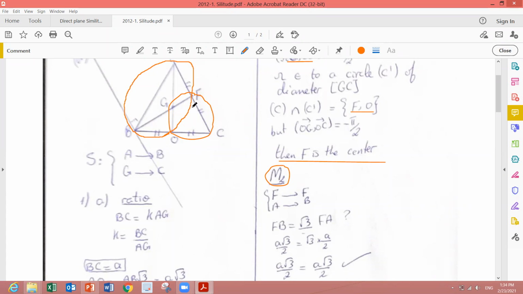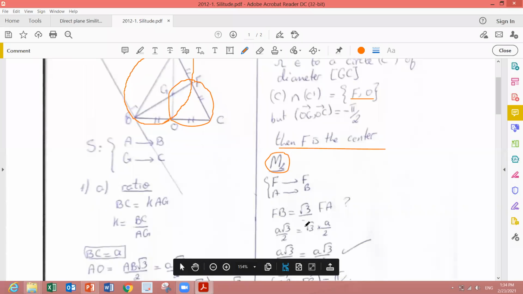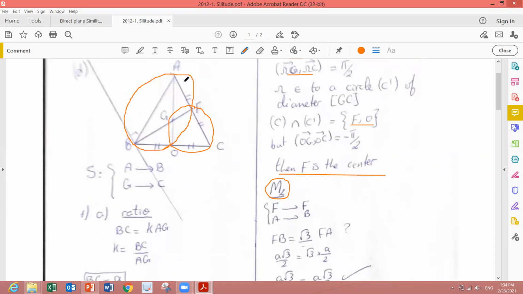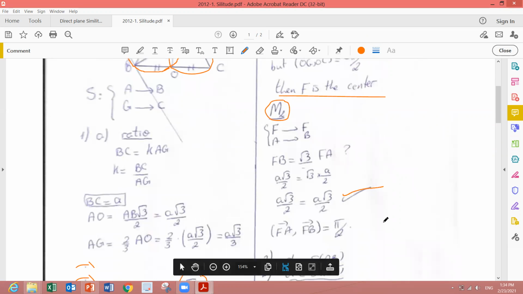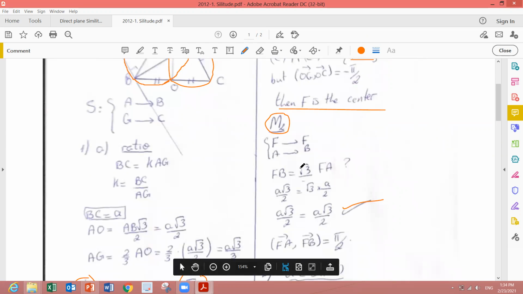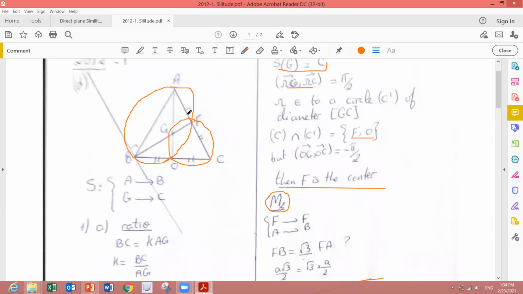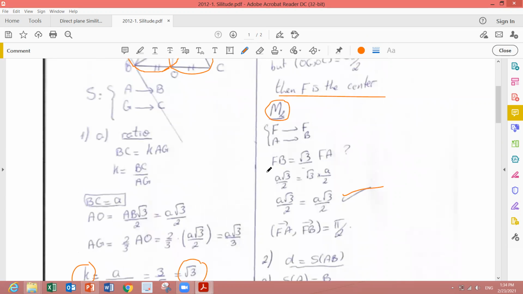FB is A radical 3 over 2, equal to radical 3 times FA, and FA is A over 2. So it is verified. Then the angle FA FB should be 90. We have angle FA FB is 90, so it is correct. Then F is the center.